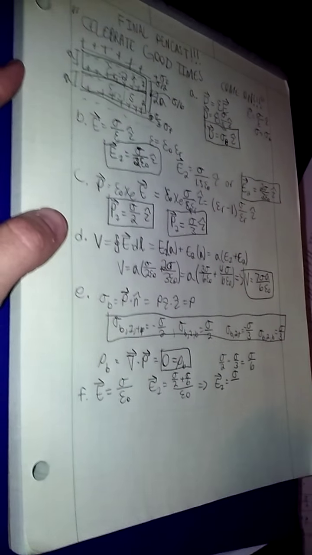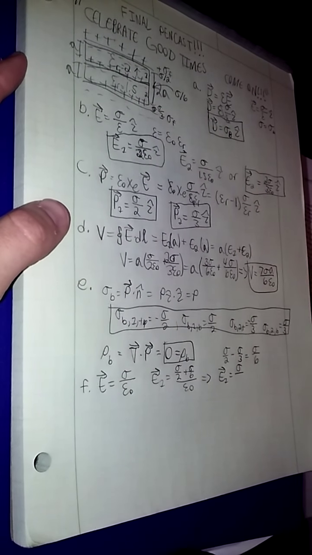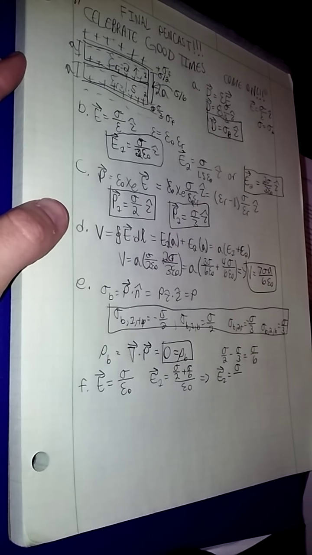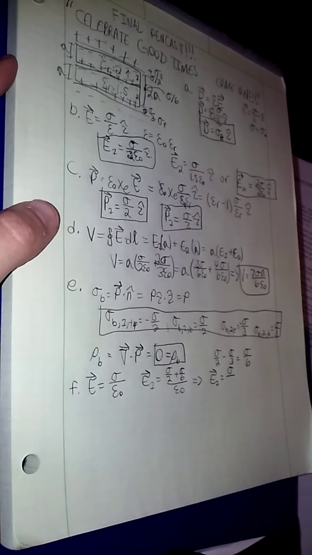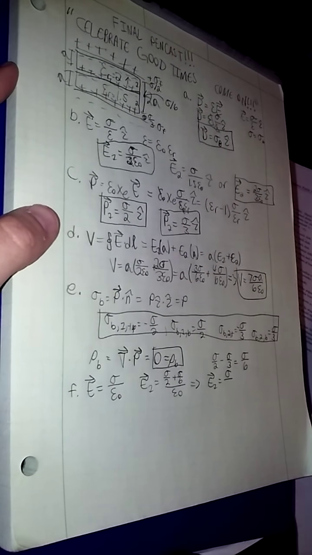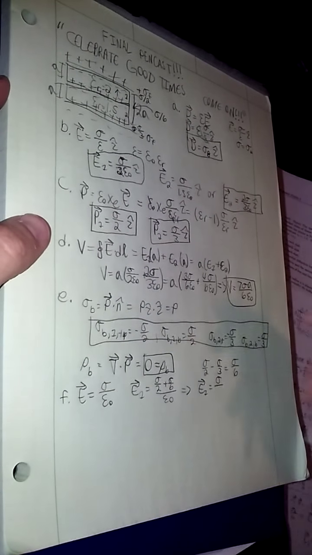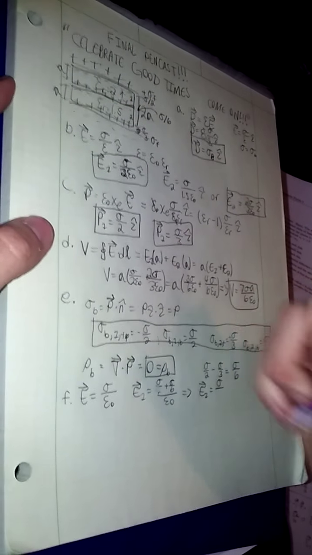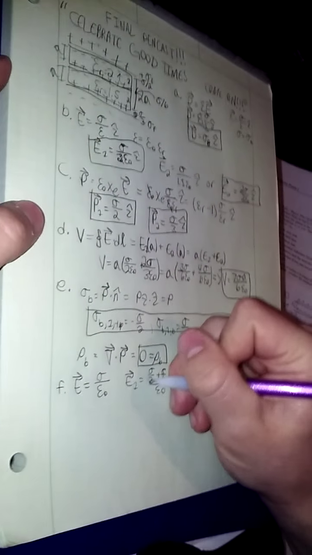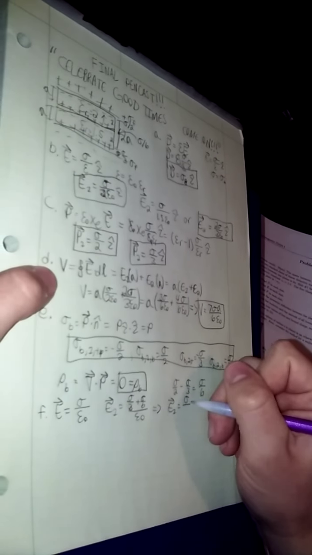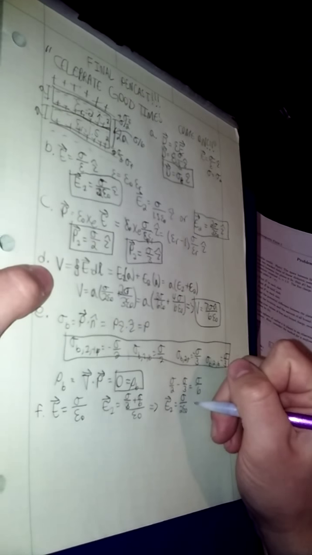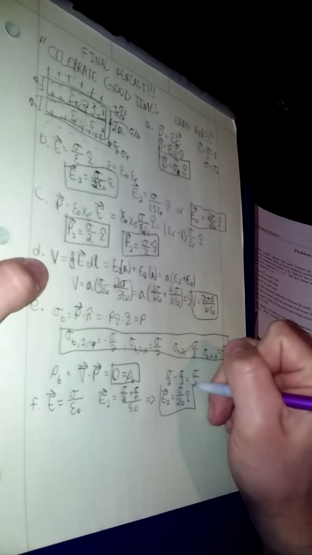Oh, sorry, that should be a 3. So then this is going to give us sigma over 2 epsilon naught in the z-hat direction.